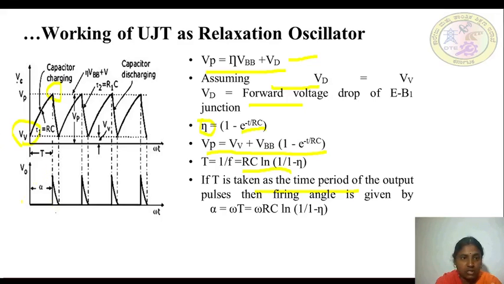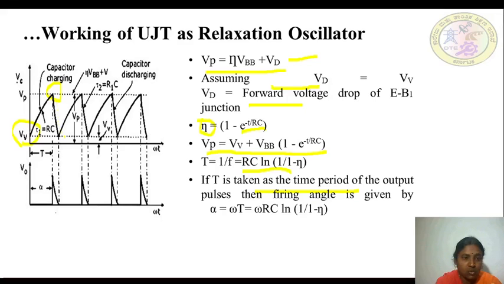So this is the time period T for charging the capacitor from valley point to peak point. Once the capacitor has been charged to the peak point, it is going to discharge through the resistance.